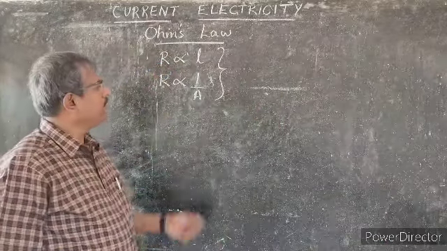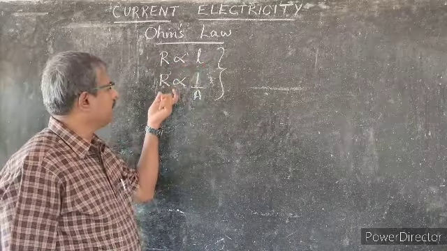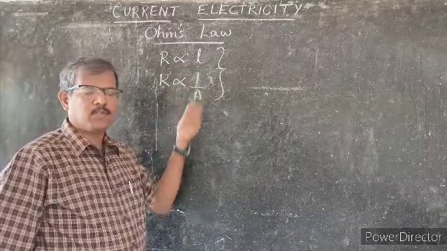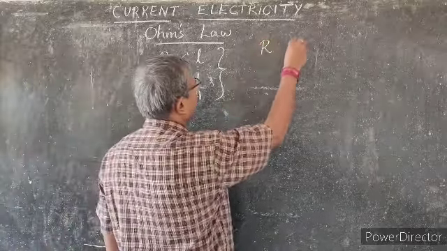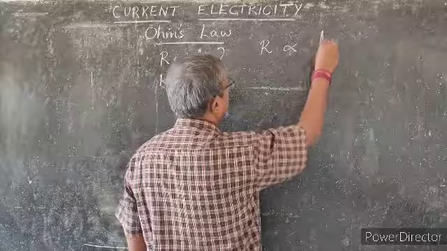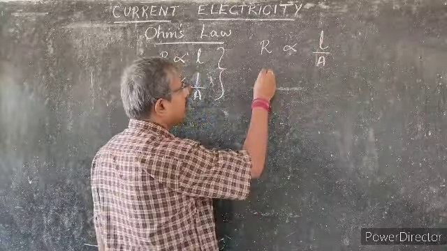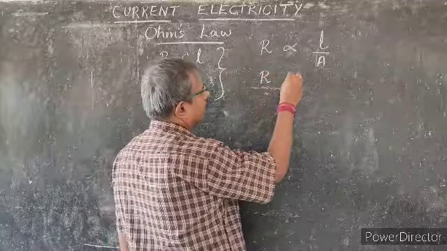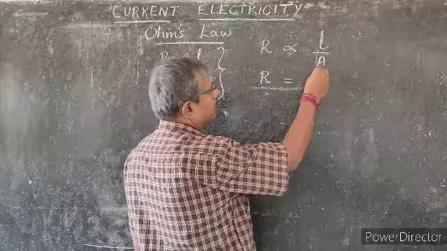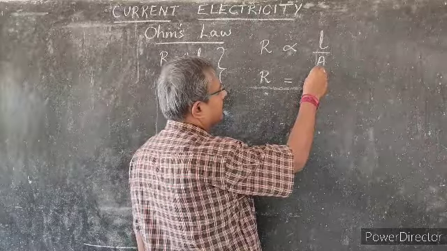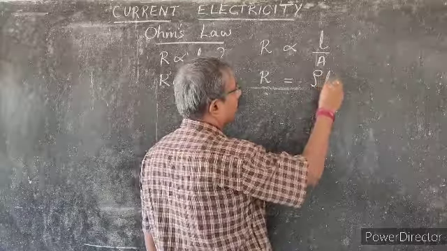So we have arrived at two relationships, that resistance is directly proportional to the length of the conductor and resistance is inversely proportional to the area of the cross section. So if I combine both of these, I get resistance is proportional to L by A. Now to remove the proportionality constant, Ohm introduced again a proportionality constant that we represent by the Greek symbol rho.